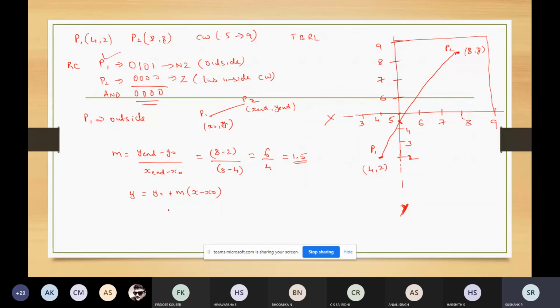And also, if you want to calculate the value of x, x is equal to x naught plus y minus y naught by m. Using these formulas, you can obtain the values of x and y. Now we got m as 1.5. And the next scenario is the line which is intersecting at the y-axis.